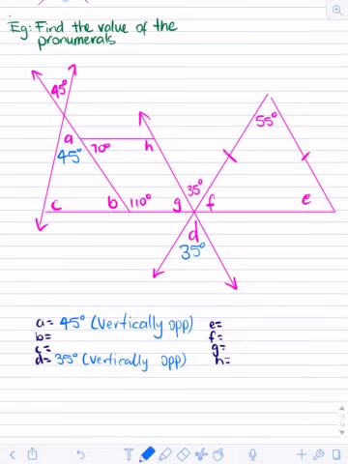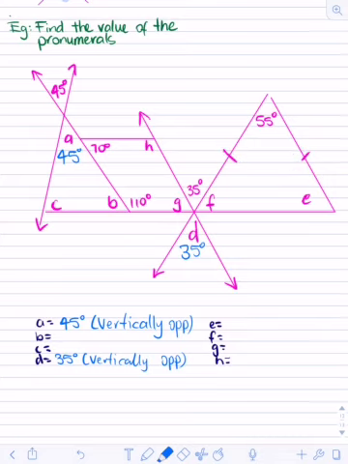Let's keep moving on. What else can we see here that we could possibly figure out? Okay, so let's look at this triangle right at the end. This triangle here. And if we look at this triangle here, we can see that it has two lines on either side, indicating that both of those sides are equal in length. So this is a particular type of triangle, and we call this triangle an isosceles triangle.